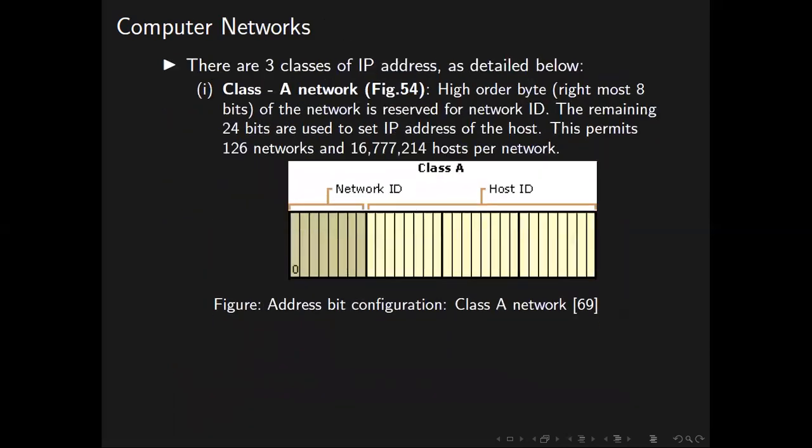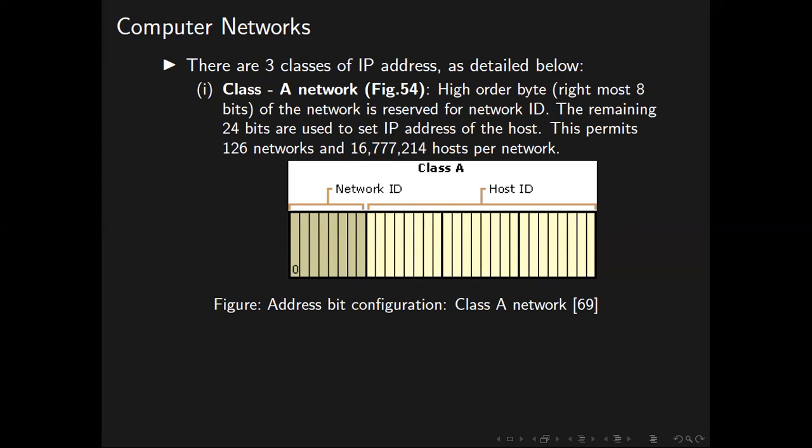Now, there are 3 types of network: Class A, Class B, Class C. A Class A network is a large level network, a national level network. We normally call this a WAN, wide area network, at national levels.